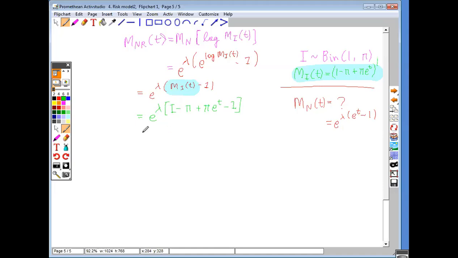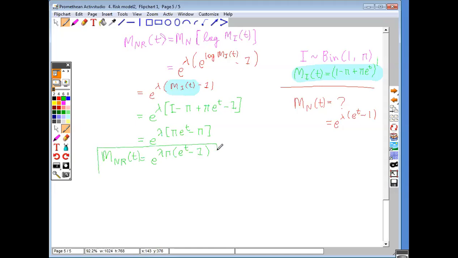So 1 minus 1 will eventually get cancelled, and what you're left with is e raised to lambda times (pi e raised to t minus pi). Maybe we can take this pi outside, so what you'll be left with is pi times (e raised to t minus 1). Okay, and remember, what is this? This is my M_NR(t).